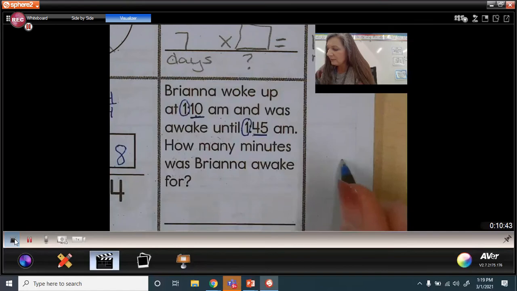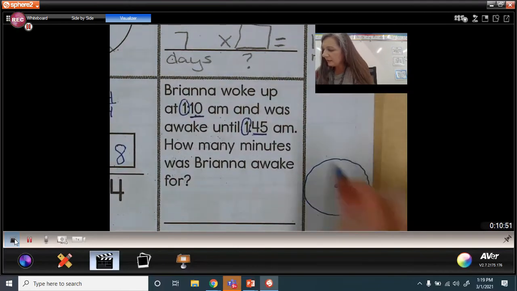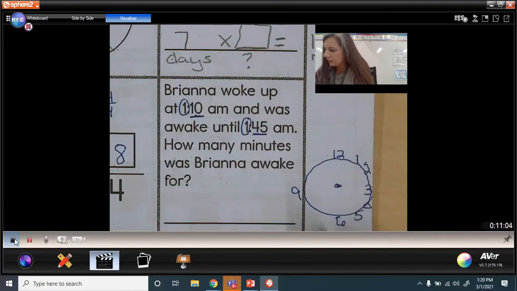So if you think about a clock, and remember, we have our 12, our 6, our 9, our 3, and then I just kind of fill in the hour numbers in between those.